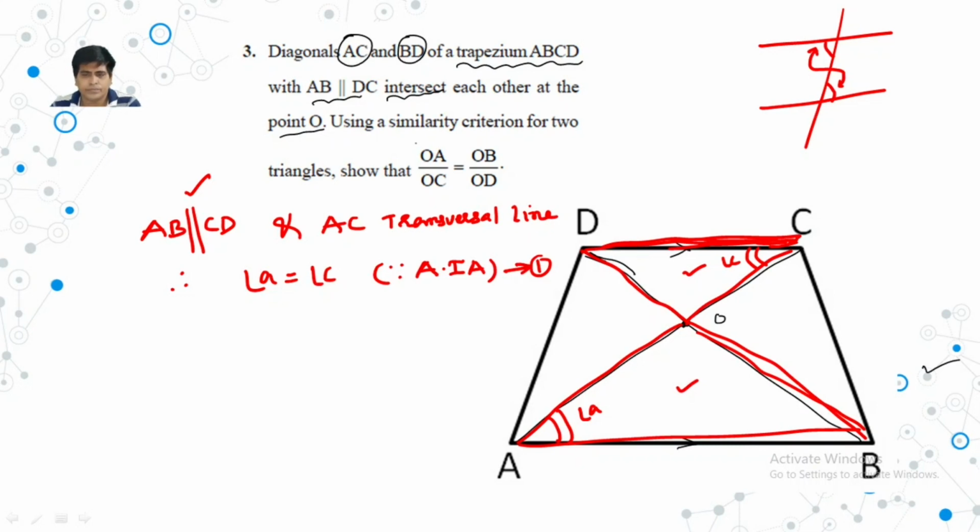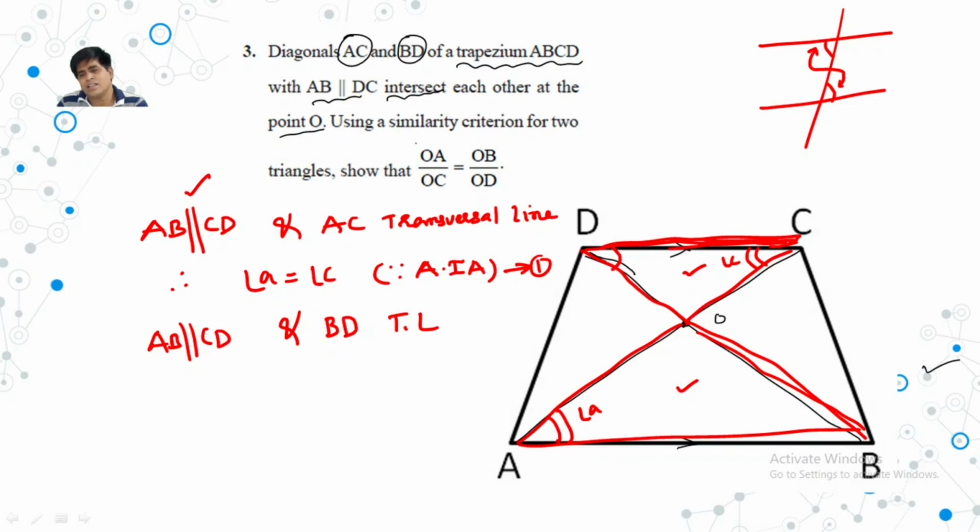Next, again, AB and CD are parallel, and I am taking BD also as a transversal line. So AB is parallel to CD and BD is a transversal line. In this case, these two are also alternate interior angles.